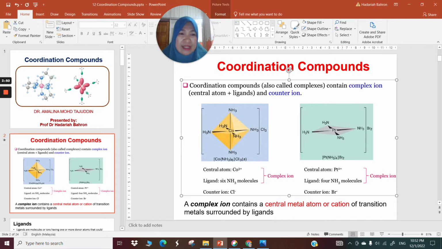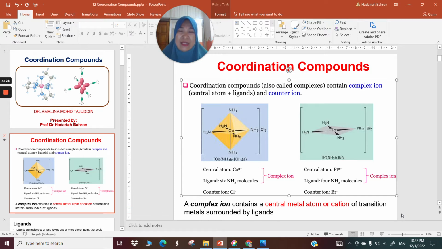So we know that the entity in this square bracket, the complex ion, has a charge of +2 because it needs 2 bromide to be neutralized. The +2 charge will not come from the ammonia, it will come from the platinum. So your central atom is platinum 2 plus. Your ligands are 4 ammonia molecules, and the combination of the platinum 2 plus and the 4 ammonia molecules makes your complex ion, and the charge of the complex ion is neutralized by the bromide.